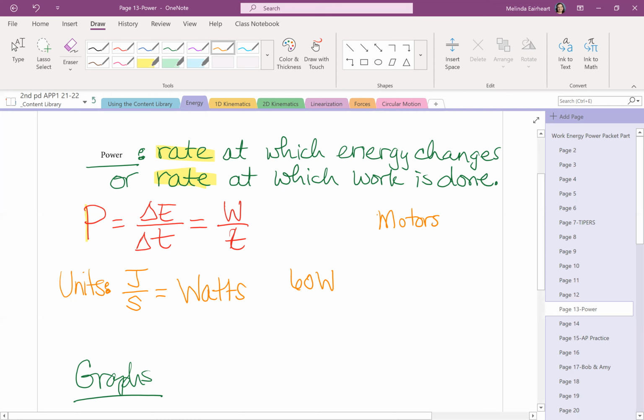Now, I don't want to talk about lifting because that's potential energy, but if I had something on the other side of the room and I have a motor and get a rope attached to it, the motor, if it's real powerful, can bring it to me quickly or it can bring it to me slowly, right? So motors are an example of how we can have power. Light bulbs are an example of power.